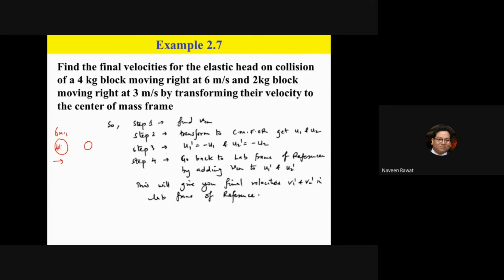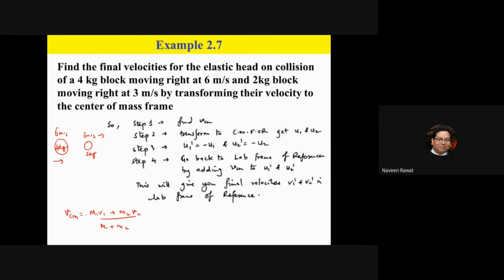So this is 4 kg, this is a 2 kg block, and it is moving at 3 meters per second. So this heavier one will eventually catch up to this, and they will collide, and we have to find the final velocities after the collision. The way to do it is to transform from your lab frame of reference to your center of mass frame of reference.